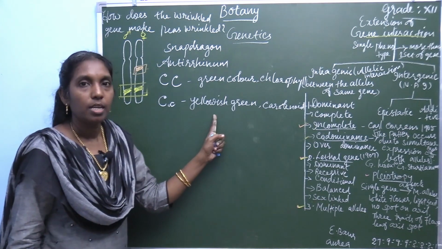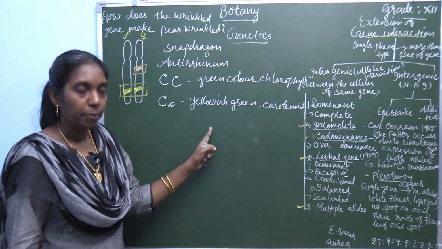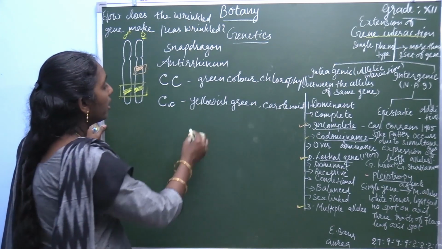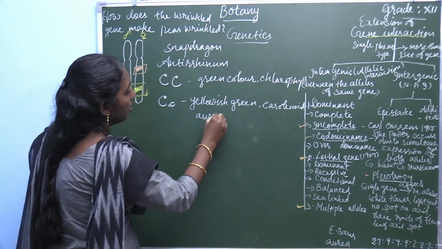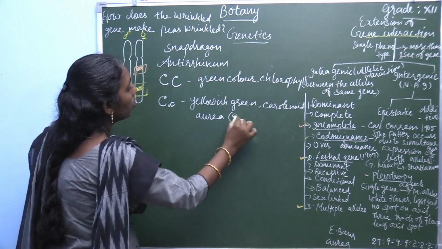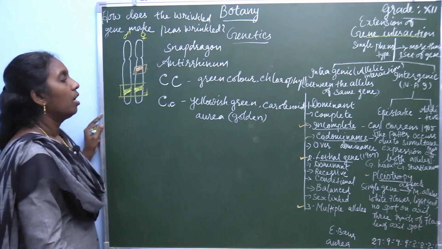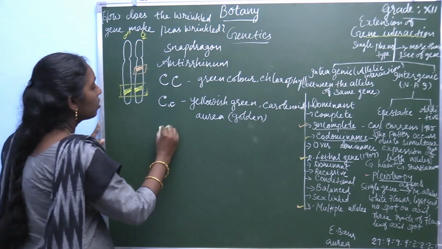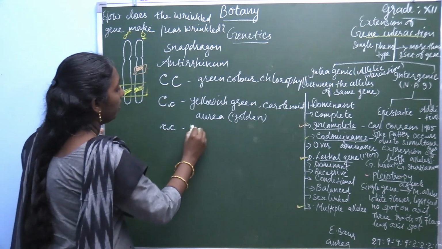It shows a pale color, or aurea, golden color. And the recessive type, small c, is without chlorophyll.